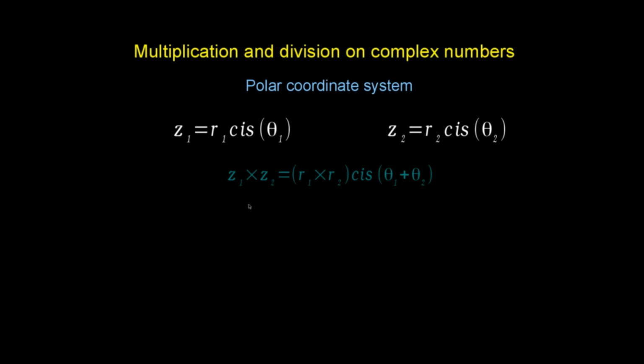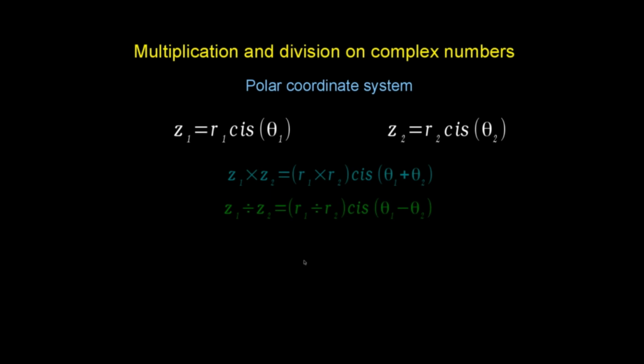The division will be given by z1 divided by z2 equal to r1 divided by r2, which means we will divide the moduli of the two complexes, and we will have cis theta 1 minus theta 2, which is the difference of the arguments of our complex numbers.